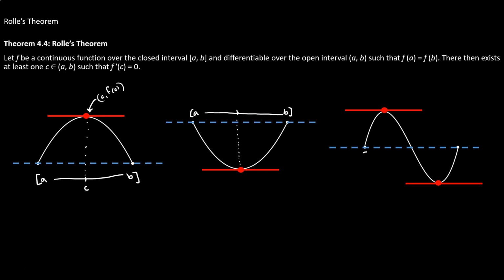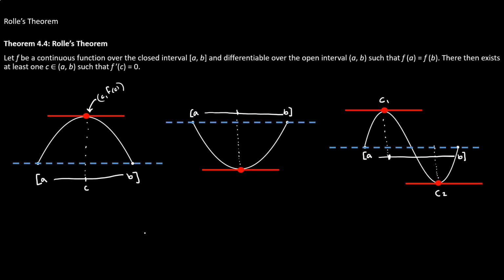In this last picture, we actually have multiple values of c, so I'm going to denote those with subscripts like c sub 1 and c sub 2. So at the c value, c sub 1, we have a horizontal tangent line, and the same for c sub 2. So Rolle's theorem guarantees a critical point within this interval so long as the function is continuous, differentiable, and has equal y values at the endpoints.